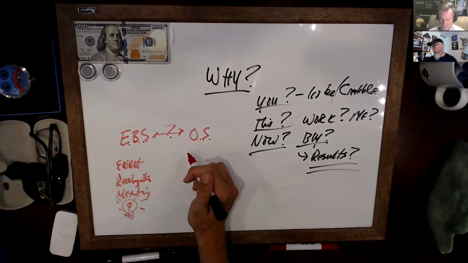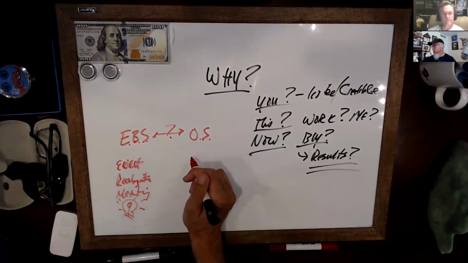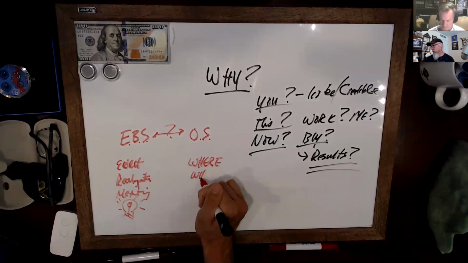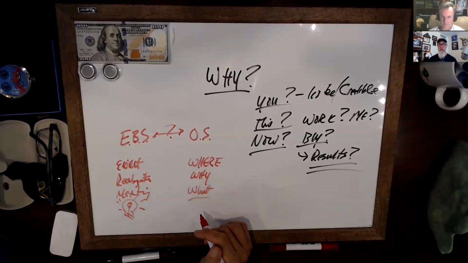As opposed to an origin story, which can be an epiphany story, but most of the time it's kind of a where and why story. It's where I was, what happened, why it happened, and how we got to be here today.